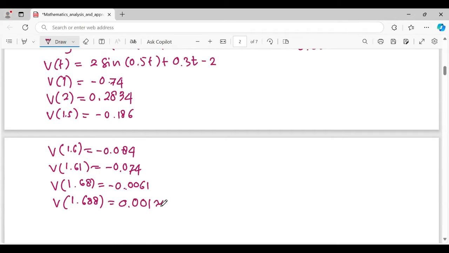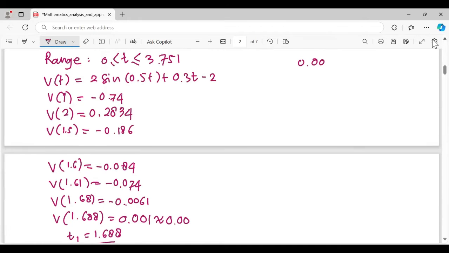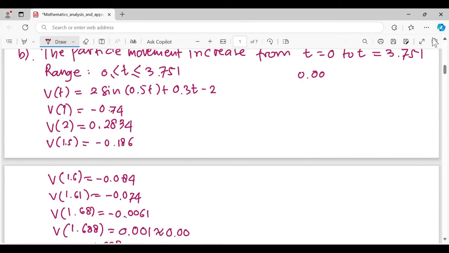If you approximate this number, it will be 0.00. So we receive it, t1 equals 1.688. Again, you can use your calculator. For me, I have used my Casio calculator, the Casio graph 75.